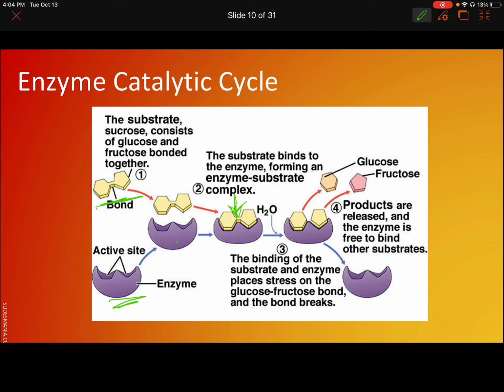In this case, it's breaking a bond. Then the new products are released to go on their way, and you have an enzyme that is now available to be reused over and over again. So that's one complete catalytic cycle. It's basically going through one whole reaction of using an enzyme, making the product, and then getting rid of the product.